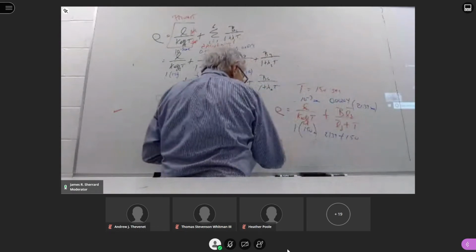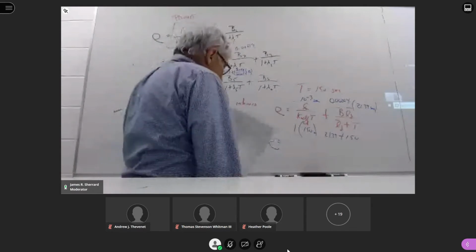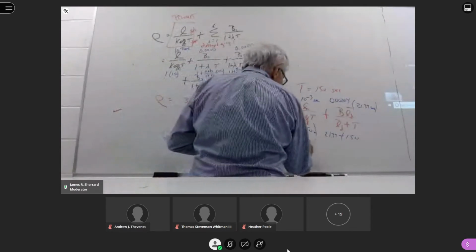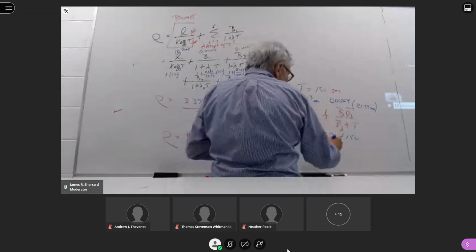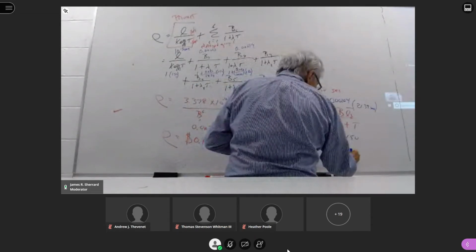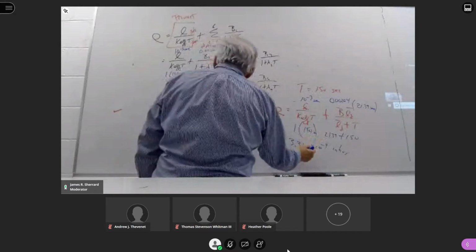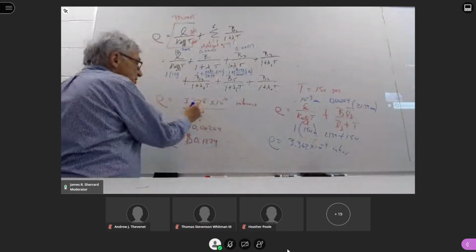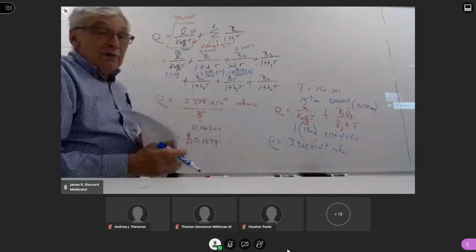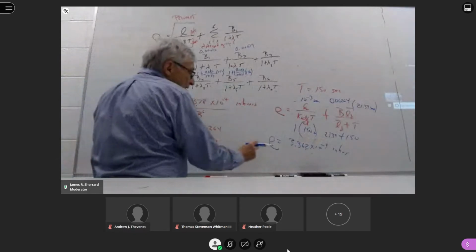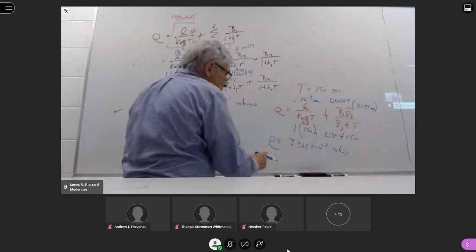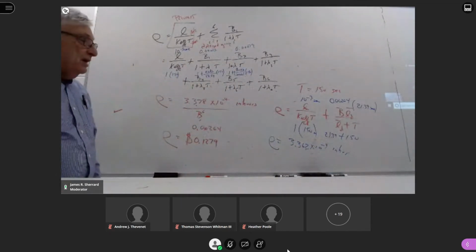So if I do that algebra, I come up with my reactivity is 3.362 times 10 to the minus 4. Again, cancel, cancel in hours. So this is the approximation value for this. I'd say that's a pretty good approximation. 3.378, 3.362, all times 10 to the minus 4.